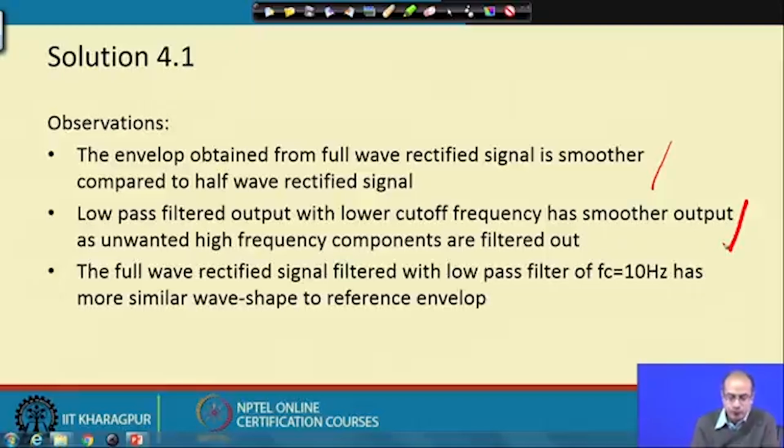And in both the full wave rectifier signal and the half wave rectifier signal, we found that the low pass filter with cutoff frequency 10 hertz gives us the best output. So, that is our observation from this assignment. Thank you.